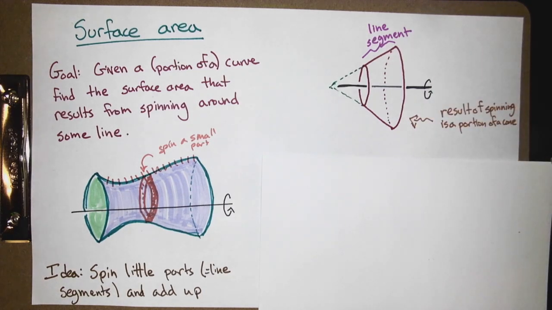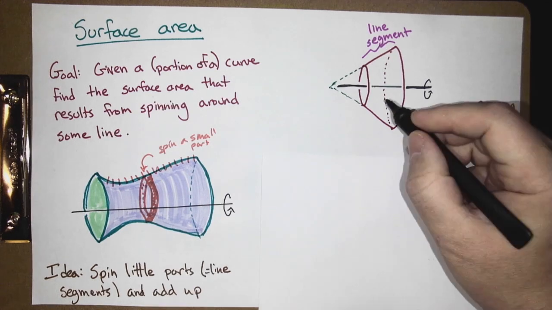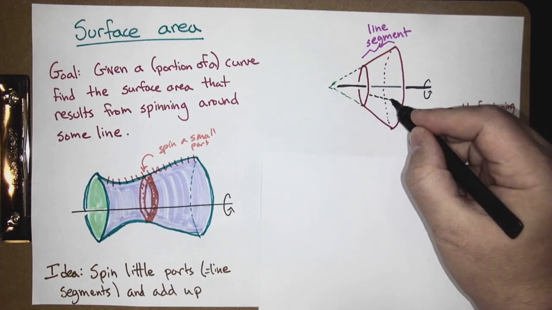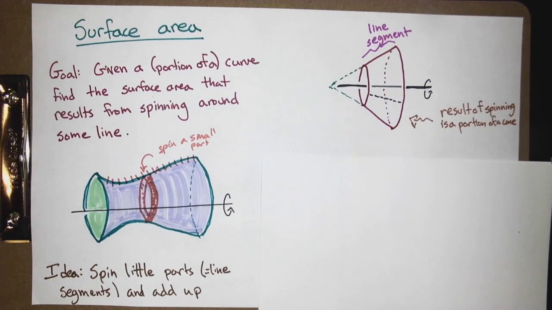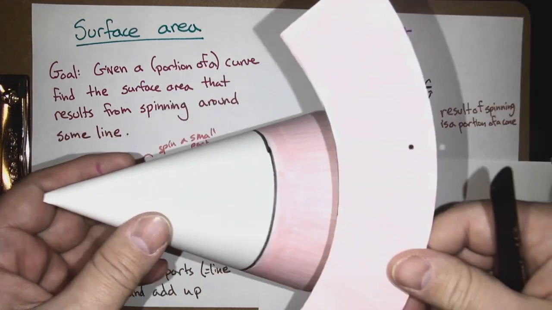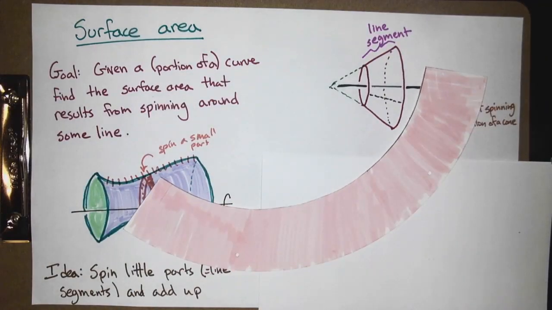Now, what do we do? We reach into our pocket, pull out our scissors, and we go, and we cut. So we're going to cut this open, and what is going to happen? Well, I happen to have taken this cone, and I cut it, and this is what came out.